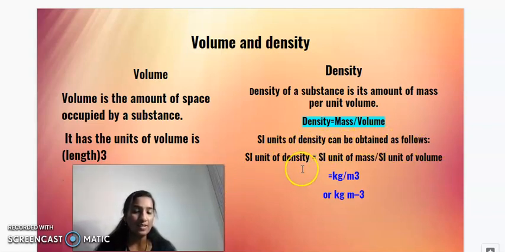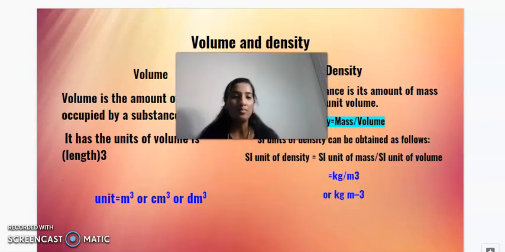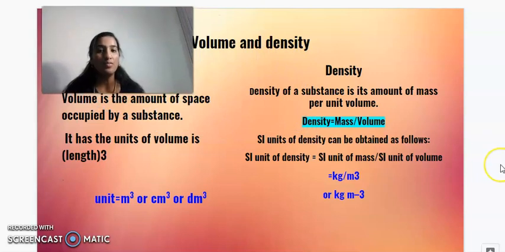The SI unit of density is equal to the SI unit of mass per SI unit of volume. The SI unit of mass is kilogram, and of volume, as we just derived, it is meter cube. So kilogram per meter cube, or kilogram meter cube inverse. So volume and density are two derived units.